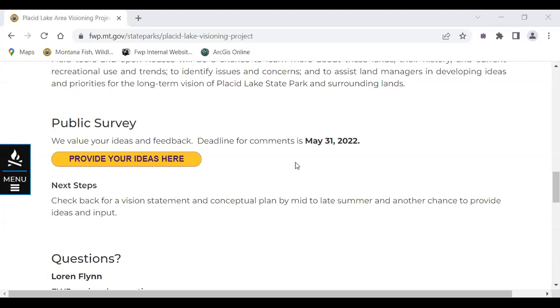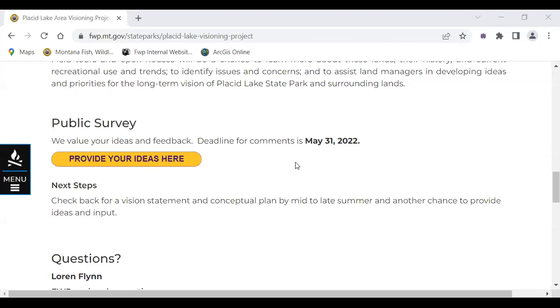We're just trying to get some feedback on some of these concepts right now. But anything that's more concrete would require us to be right back out seeking specific comment on those projects.